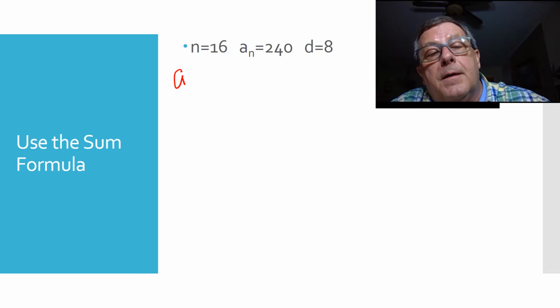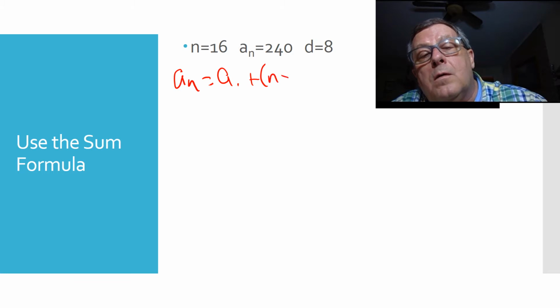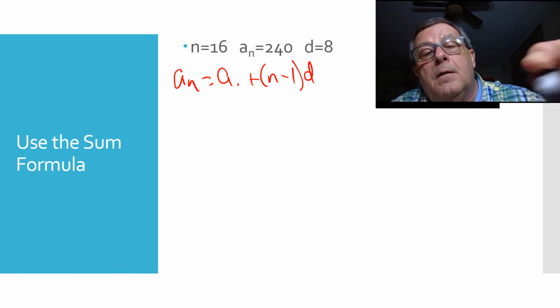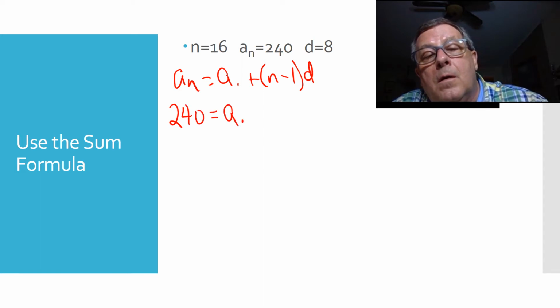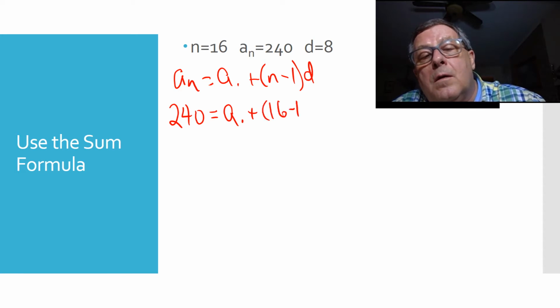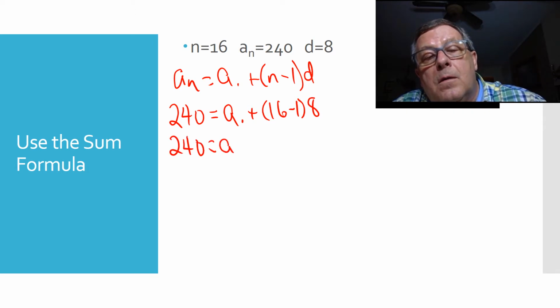We go an equals a1 plus n minus 1 times d. Let's plug in what we know, 240 for an. We're solving for a1, plus 16 minus 1 times 8. 240 equals a1 plus 15 times 8.